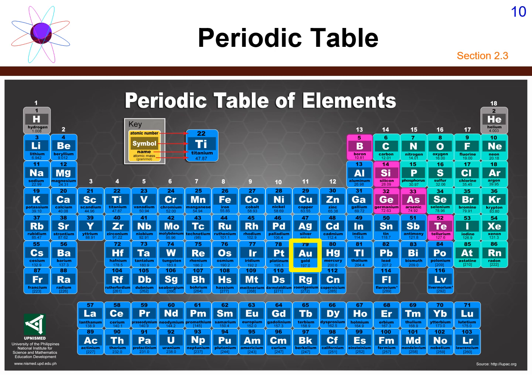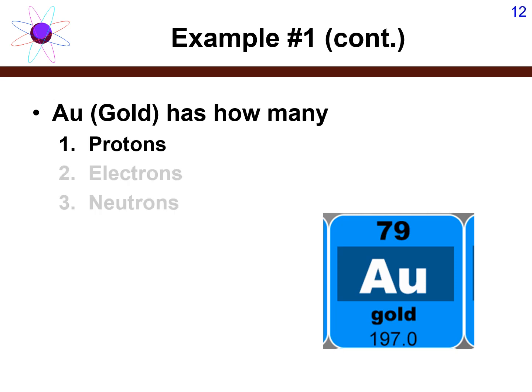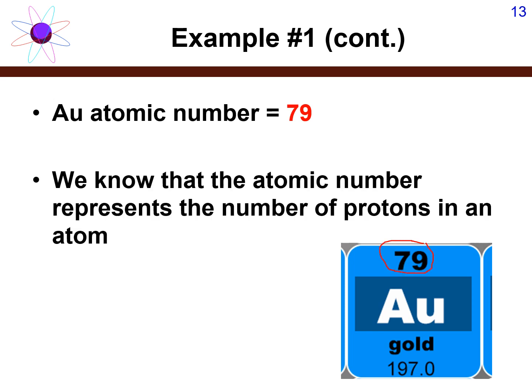All right, so let's look at gold. Let's take this example here that's highlighted in yellow. Here's gold, and what I want to do is go through how we can calculate the number of protons, electrons, and neutrons. So let's do protons first. Well, the atomic number for gold is 79. We also said that represented the number of protons.